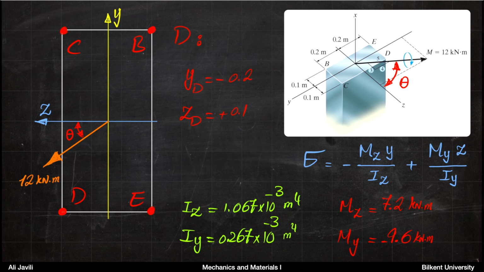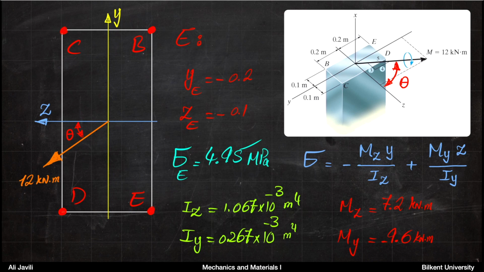Then you do the same thing for point D. Now for point D, you can see that Z is positive, but Y is negative. Stress would be minus 2.25 megapascal, and eventually for point E, both YE and ZE are negative, and the stress at point E would be 4.95 megapascal.